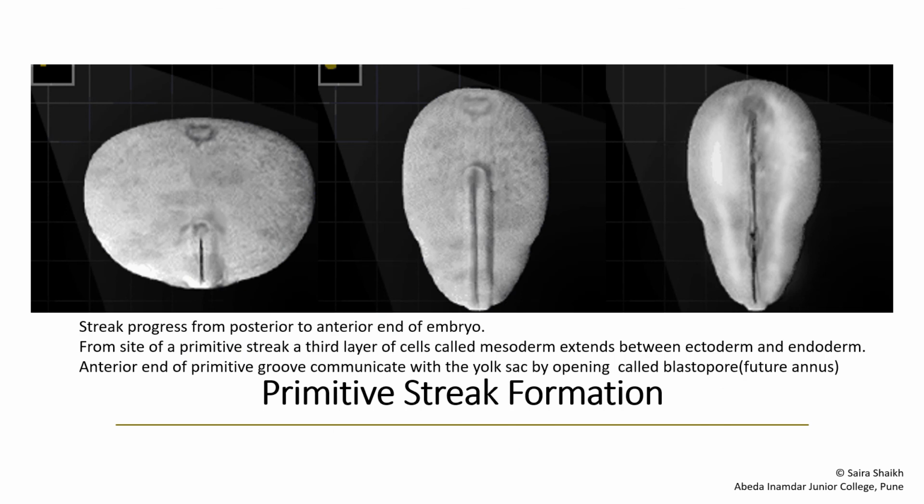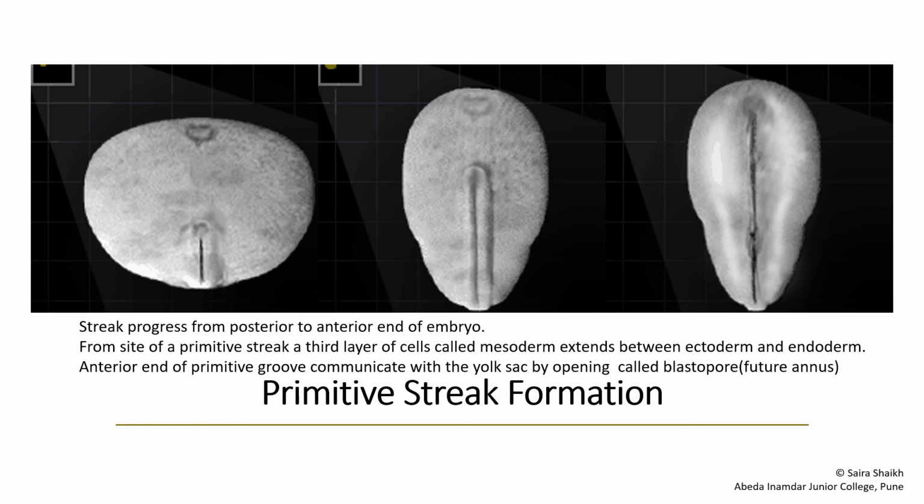Now we'll study how the primitive streak is formed. We know the epiblast cells start growing inside. They migrate inside. They form a folding structure, and this folding structure gives the groove. This groove is called the primitive groove, and the cells present in the groove are the primitive groove cells.